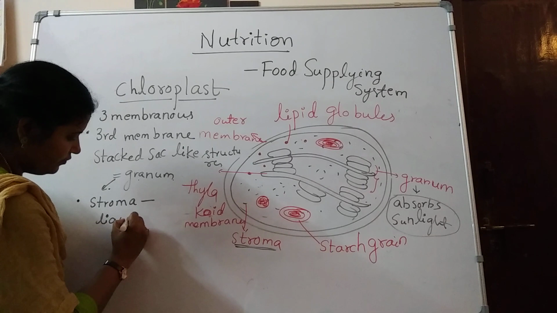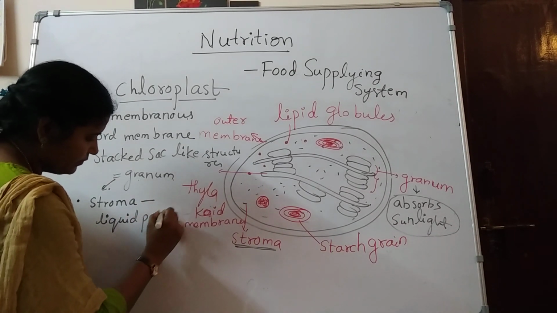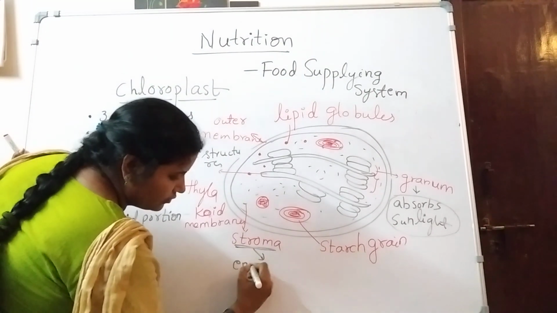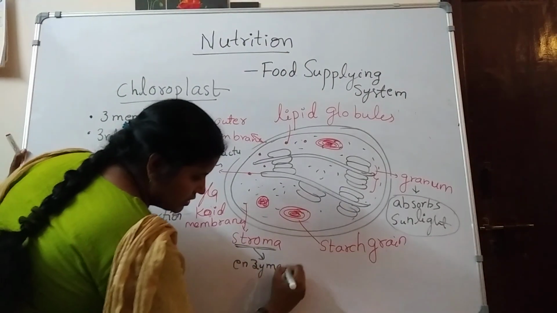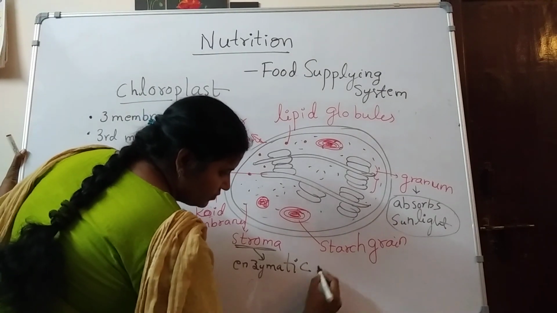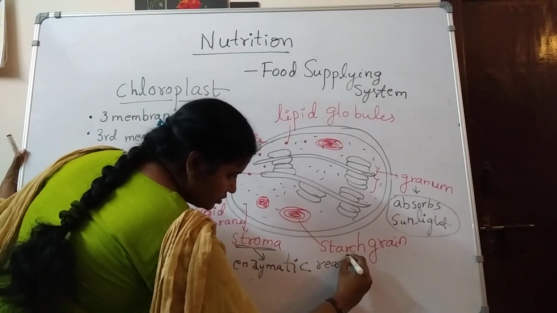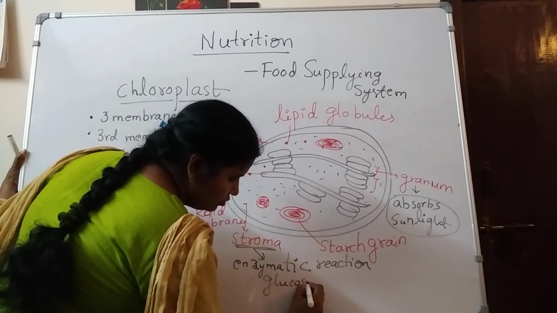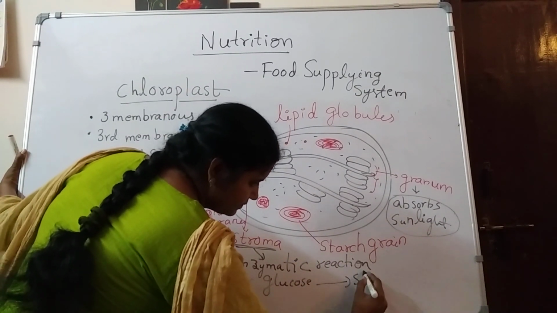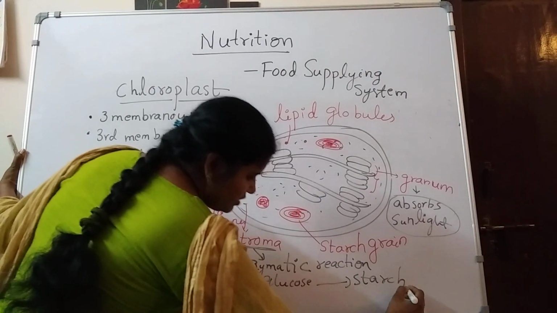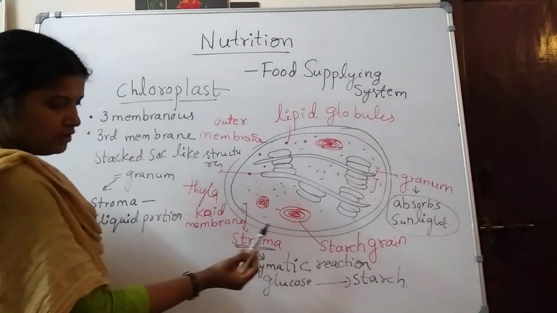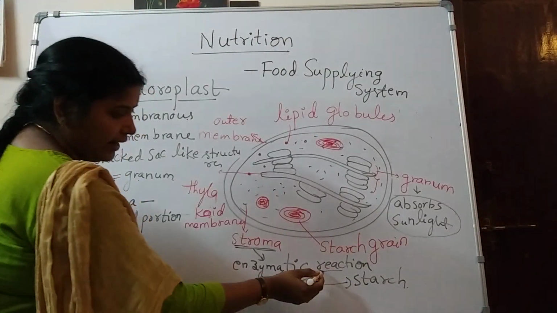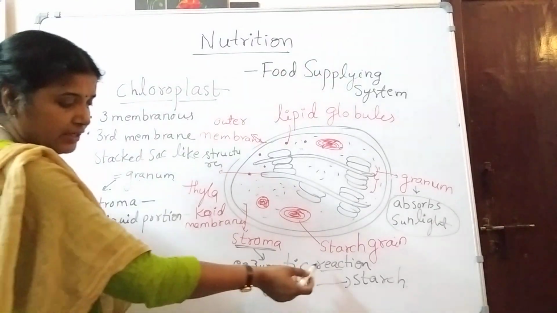This is the liquid portion in the chloroplast, and this liquid portion is responsible for enzymatic reactions, for the formation from glucose to starch. So stroma is responsible for enzymatic reactions.